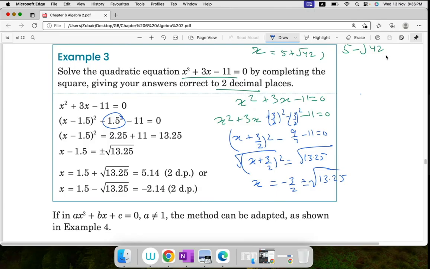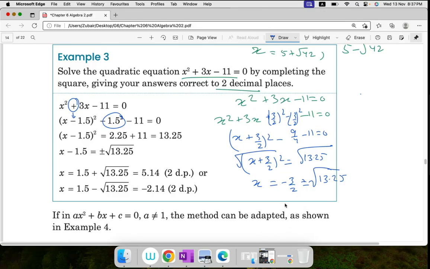And then we can use the calculator. I'm just checking if I'm getting the same answer. Plus square root 13.25 up to two decimal places is 2.14. And I just think the book made a mistake. That was plus, he wrote minus.